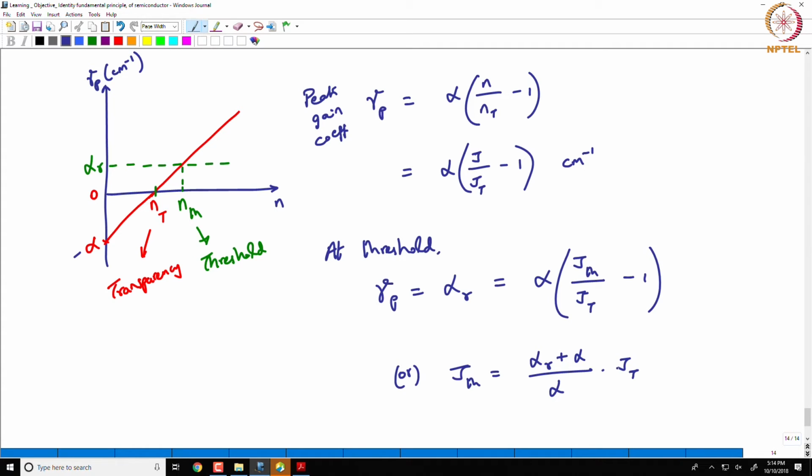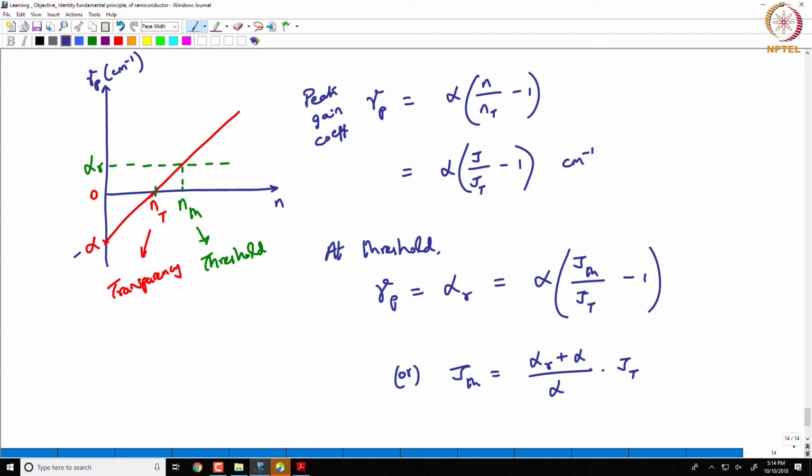Okay. Any questions about this? So, we are generally saying the threshold current density will be greater than the transparency current density. But you understand this picture? Any issues with that? Gain as a function of electron density. Okay. Let's move on.